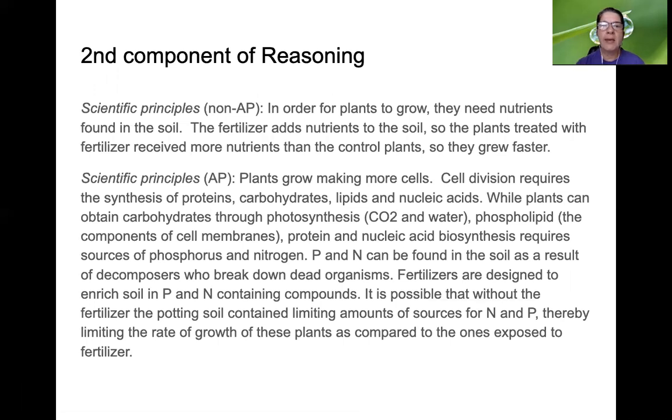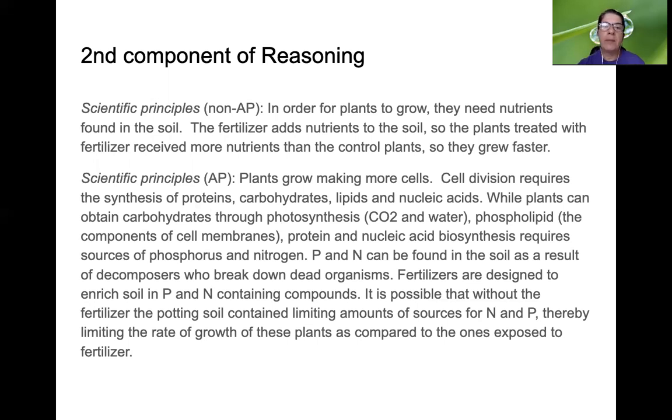So the second component, which is the scientific principle, seeks to explain the results of your experiment, seeks to support the claim you're making with scientific principles. In other words, it makes sense with everything we know about plants.